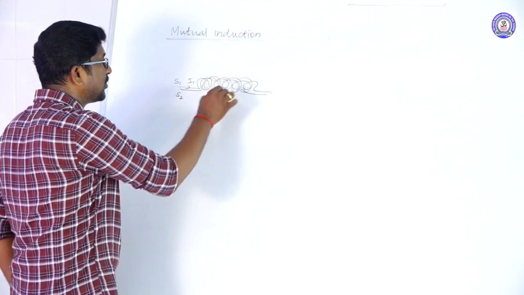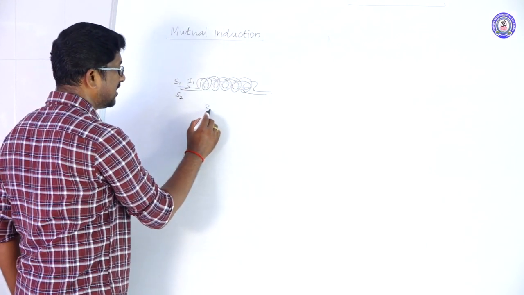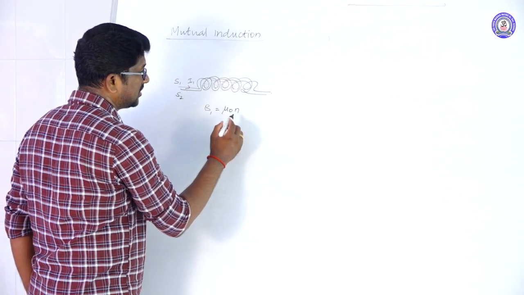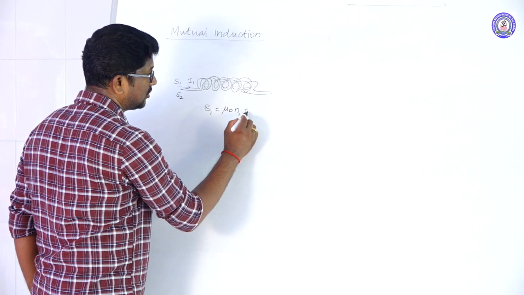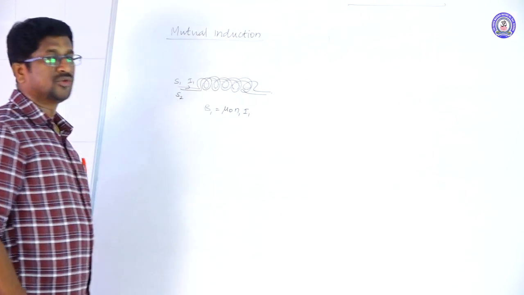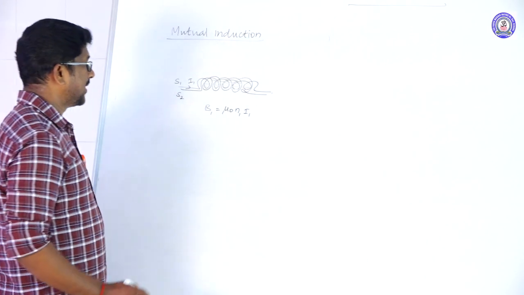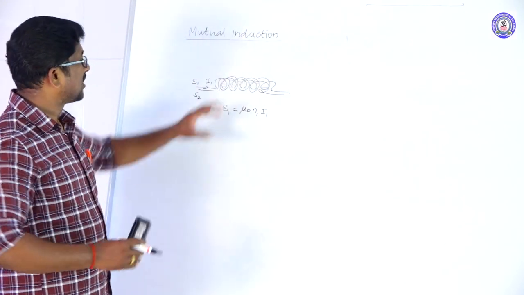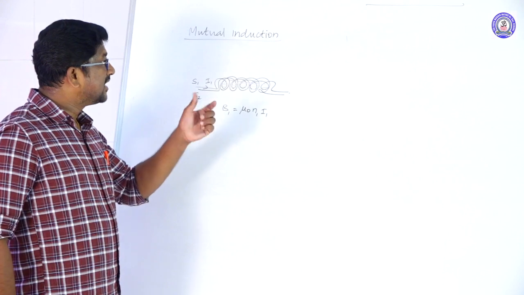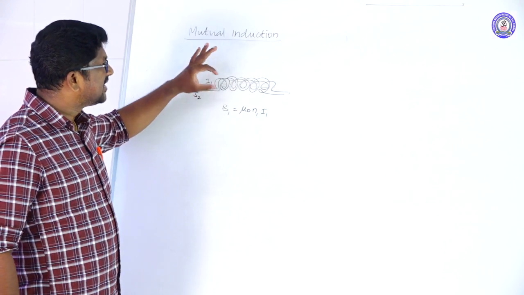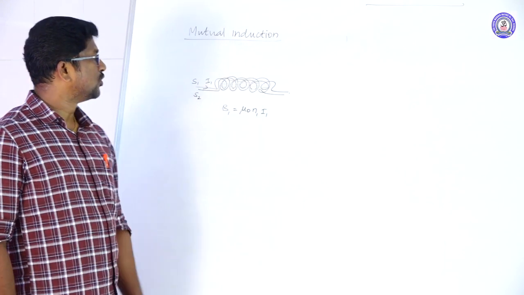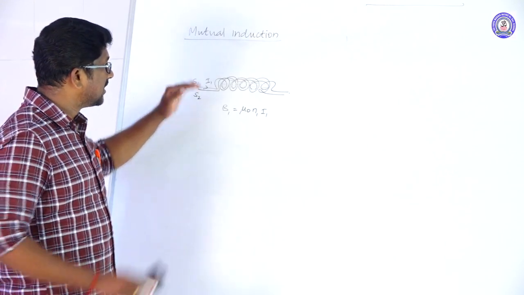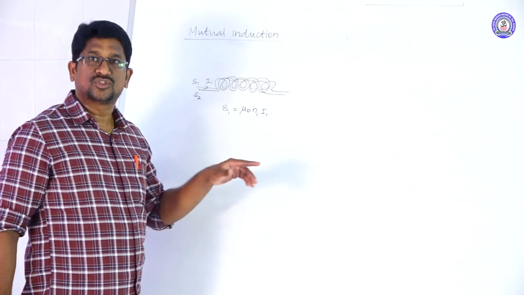The magnetic field produced inside is given by B1 is equal to mu naught N1 into I1. The magnetic flux is linked with each and every turn of the second solenoid, because the second solenoid is closely wound with the first solenoid.